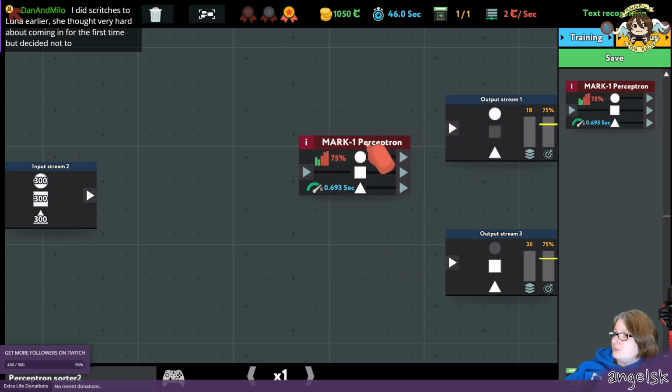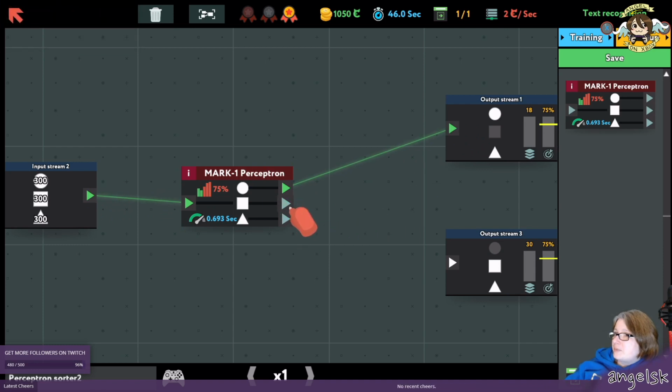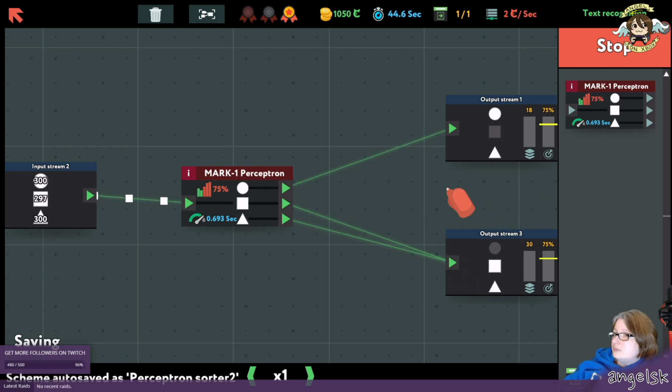So there is an achievement for basically passing a task without training. So we're just gonna see where we get. It needs 30 here and 18 there. So let's do a test run and let RNG save us.